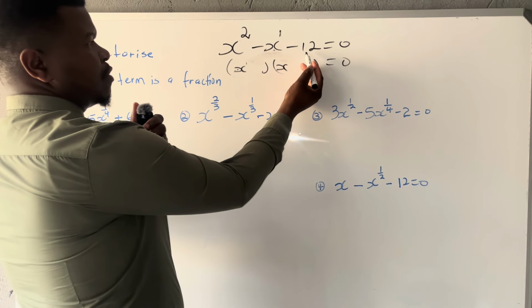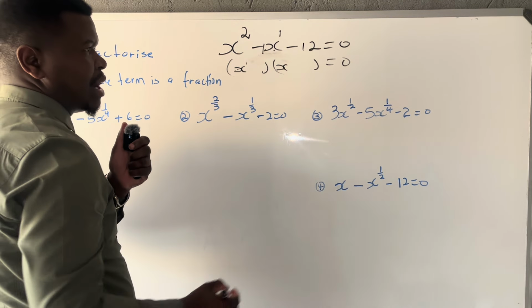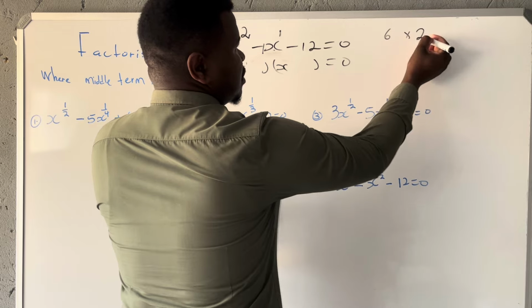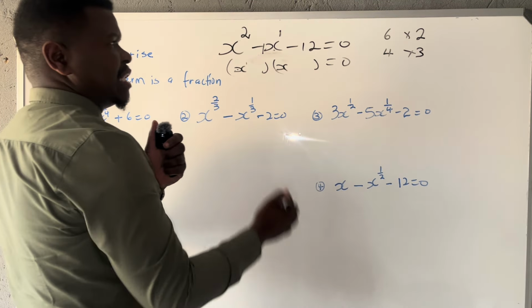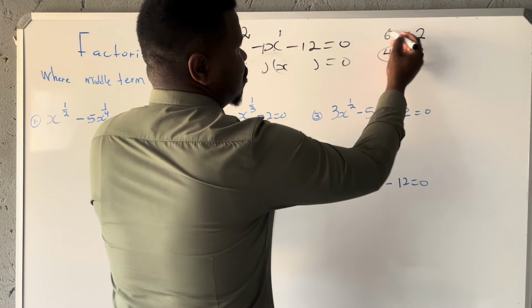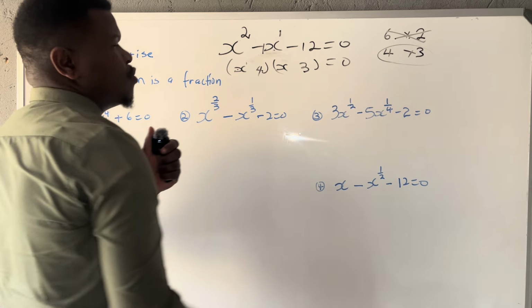Now, what are the factors of 12 that can give us 1? As you can see, the middle term is 1. So, a learner can just find the factors of 12, which are 6 times 2, and then 4 times 3. But the one that can give us 1, whether we add or subtract, is this one. So, this one is out. We're having a 4 and a 3. Now, look at the sign.